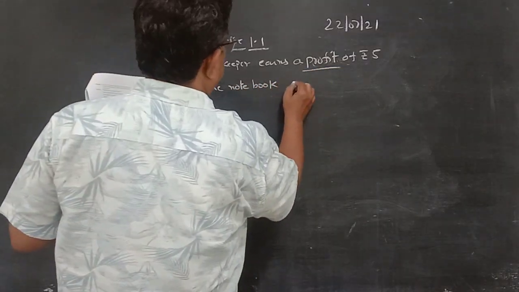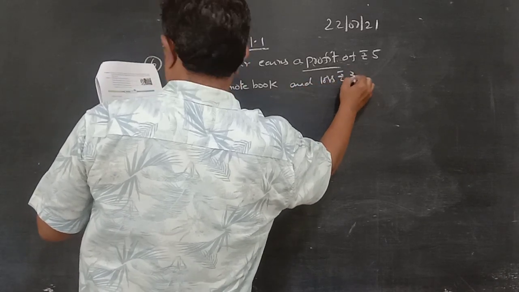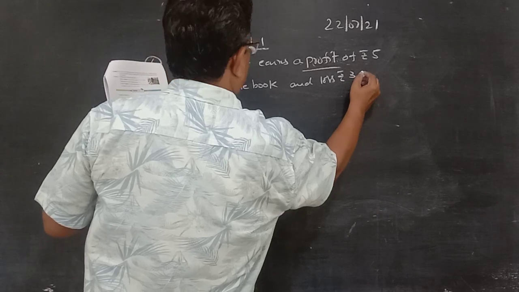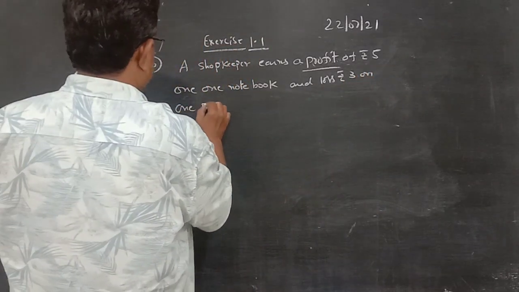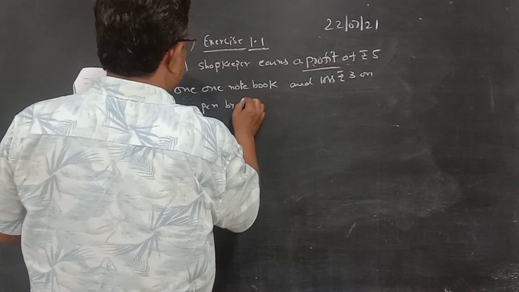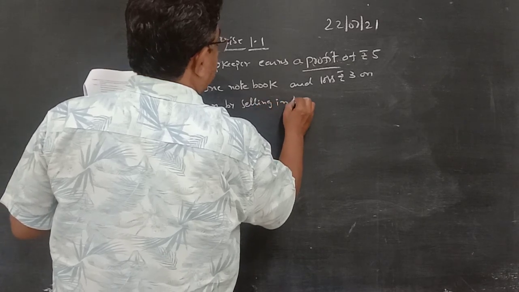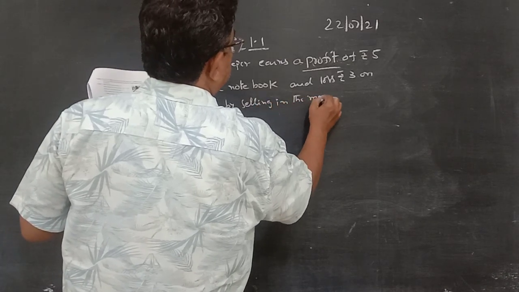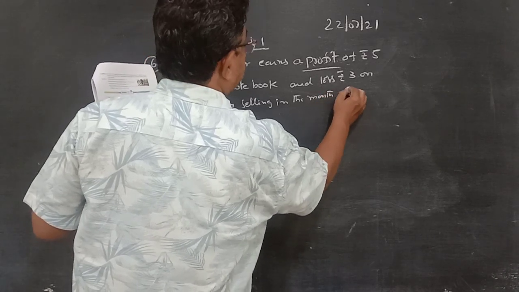And loss of rupees 3 on 1 pen by selling in the month of July.